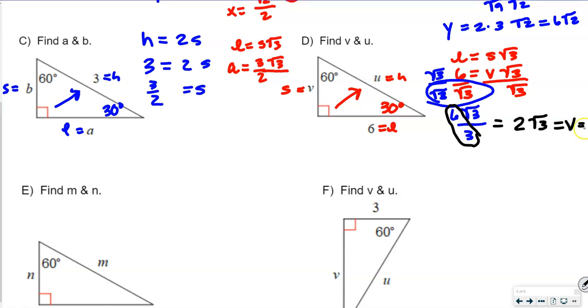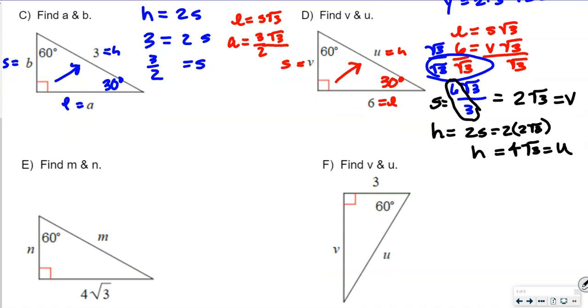That's S. So, when we're trying to find our hypotenuse, what are we going to do? H is equal to 2 times S, so 2 times 2 square root of 3 is going to be 4 square root of 3. That's what our hypotenuse is equal to, which is also what our U is equal to. Okay? All right, 2 more.